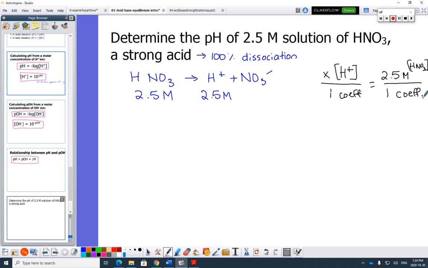Do we care about the nitrate? No, it is a spectator ion. It is not about the proton transfer, it's about the hydrogen. It is not about transferring nitrates, okay? So this is a spectator. Yes, it would be the same, but we don't care because we're just finding pH.